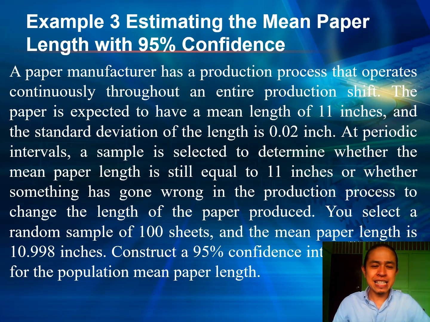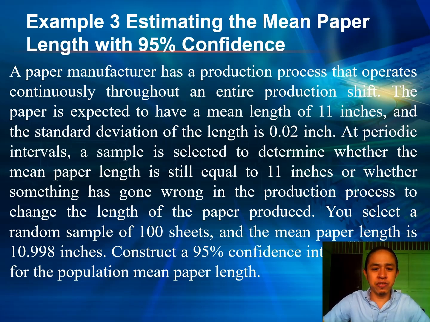Okay. Let's have example number 3: estimating the mean paper length with 95% confidence. A paper manufacturer has a production process that operates continuously throughout an entire production shift. The paper is expected to have a mean length of 11 inches and a standard deviation of the length of 0.02 inch.